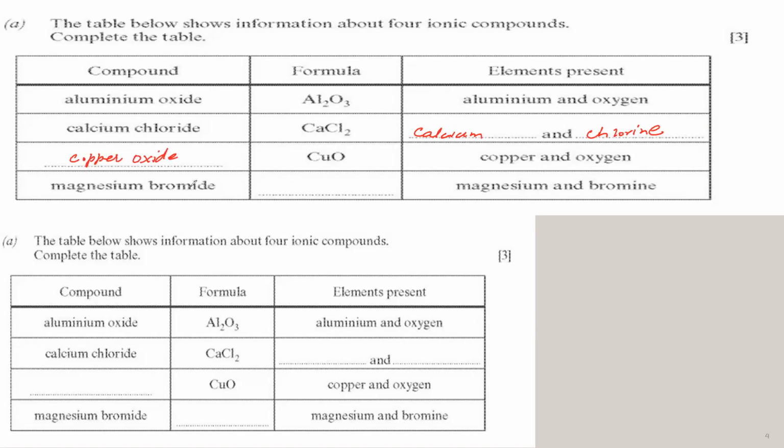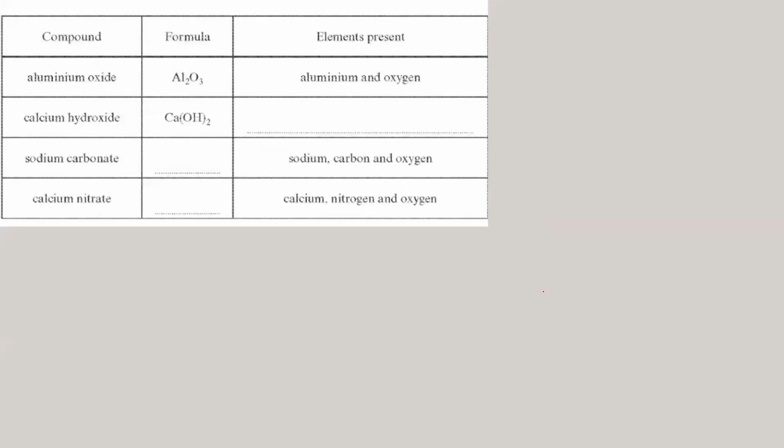Magnesium bromide: magnesium is Mg2 positive and bromide is Br negative. Do the crisscross. The formula would be MgBr2. Fine. Okay, let us move further.